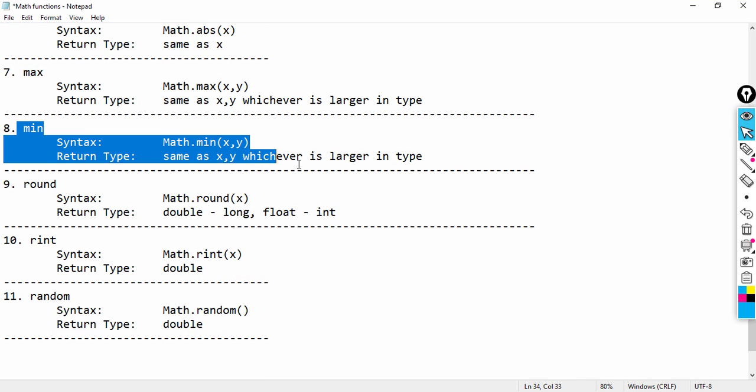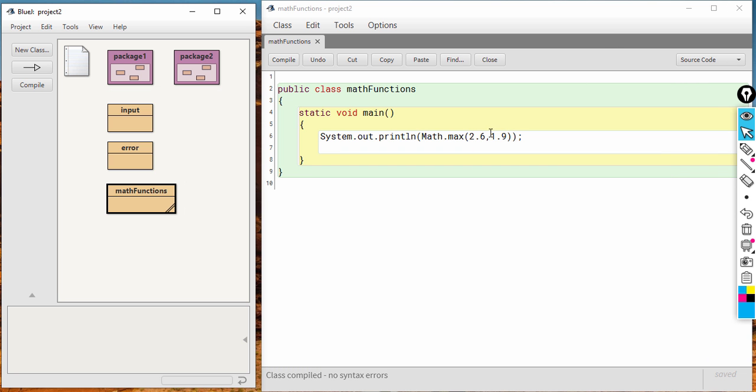Let's see the min function. So the min function gives you the smaller number. Okay. So let me change here the function to min. Okay, and let's change the numbers as well. Let's say 56 and 79.